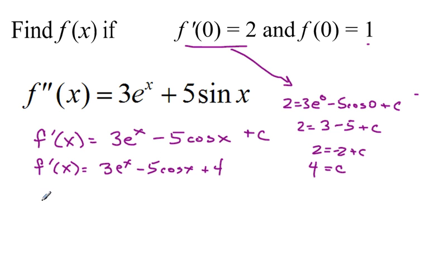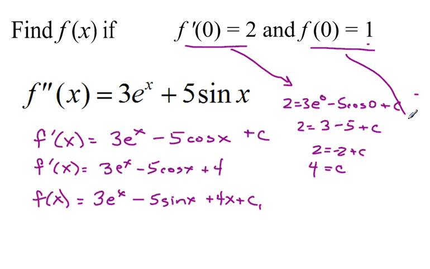And we're ready to now do f of x. So f of x is going to be the antiderivative of this one. Of course, e to the x is always easy to work with. Antiderivative of negative 5 cosine x is going to be minus 5 sine x plus 4x plus c, a different c, so I'll do c sub 1. And then we're going to use this other initial condition.